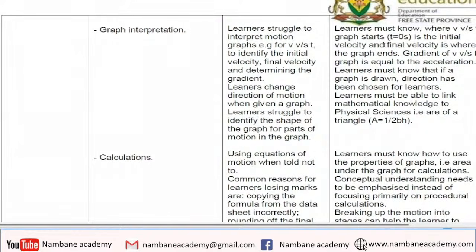And then having done that, we must also remember that especially for a projectile or free fall, our acceleration is 9.8, which is always downwards. It does not change direction. It will always be positive if downwards is taken as positive. It will always be negative if upward is taken as positive.